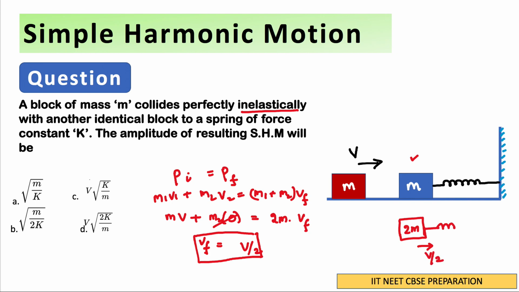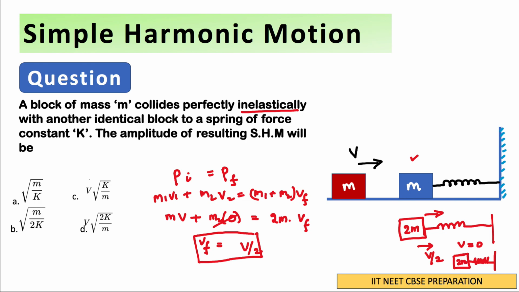Because of this velocity v by 2, the block starts moving in the forward direction, and finally the spring will become compressed, and the block is going to stop. Say the block stops here, and the spring is really compressed like this. At this point the velocity has become 0. So this is the 2m block, right?